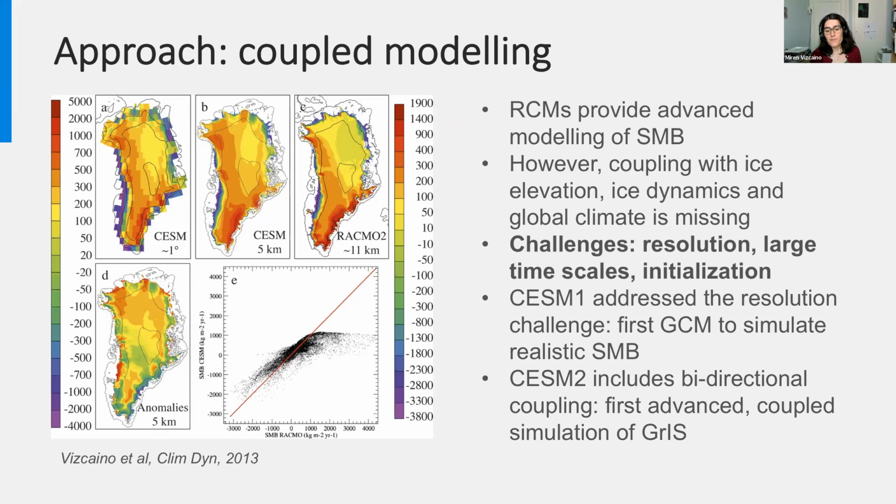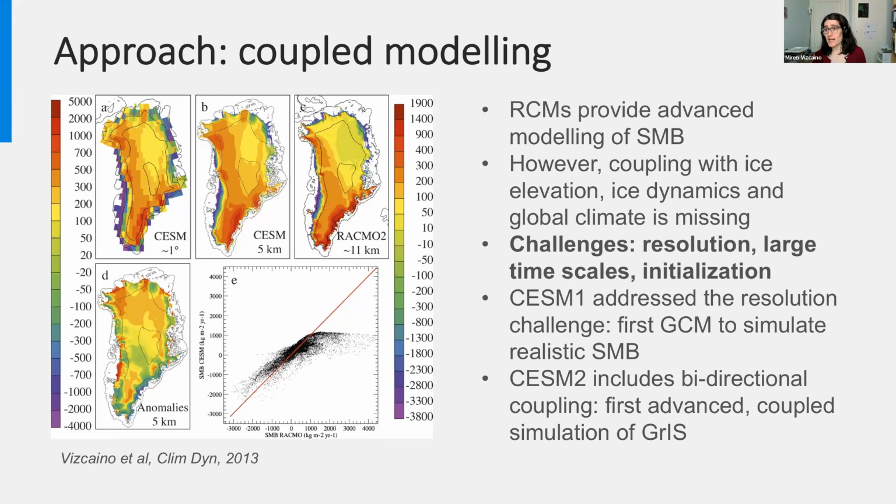And also we have time issues because these climate models are very expensive, and we cannot afford running them for very large periods of time. And ice sheets typically need these large periods of time. They have a different time scale than the atmosphere.